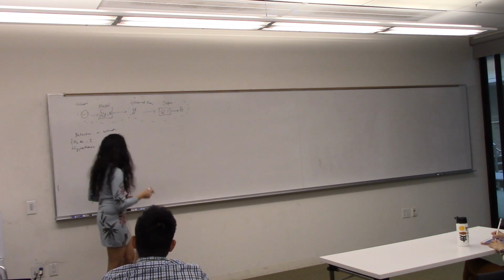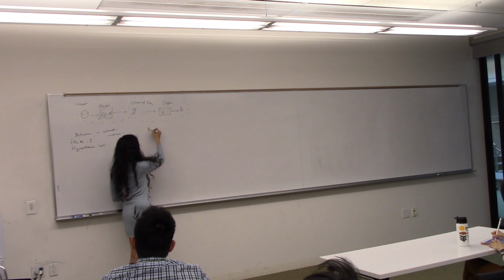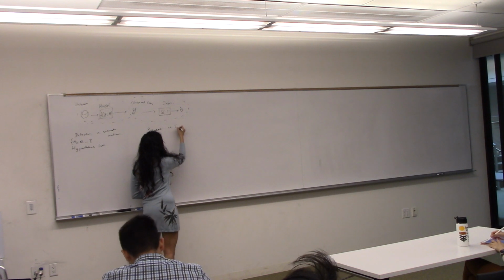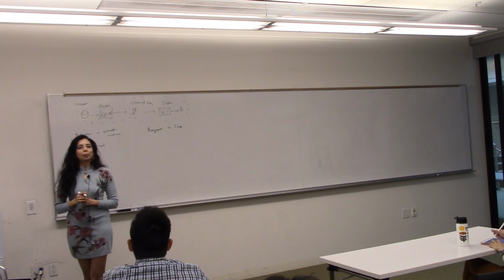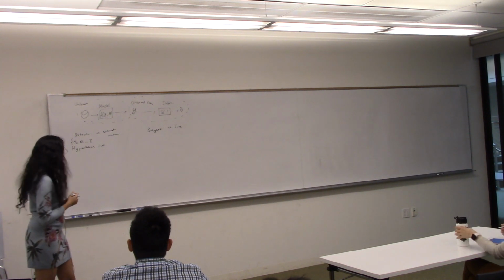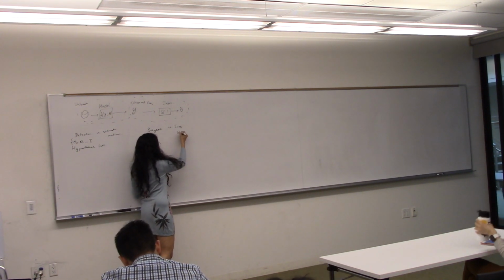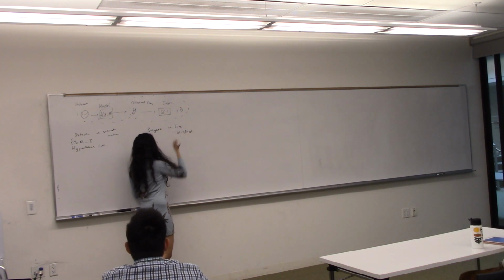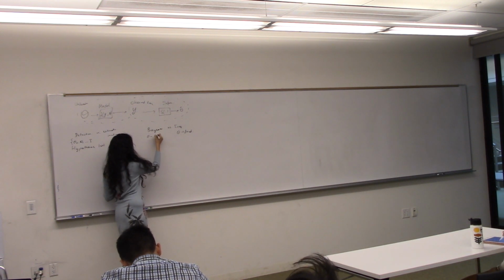Another categorization we did was Bayesian versus frequentist. Right? So we went into detail last class, but just to recall here, the idea was in frequentist setting, theta is fixed, whereas in the Bayesian setting, theta has a prior, right?